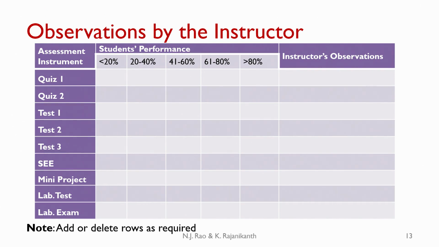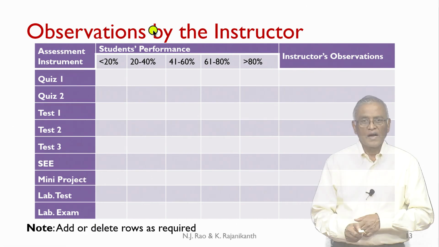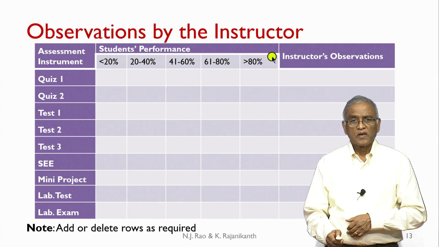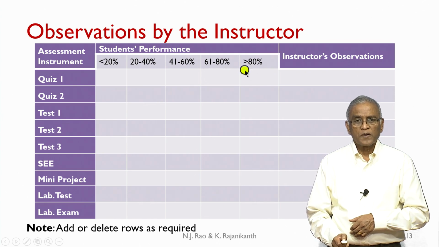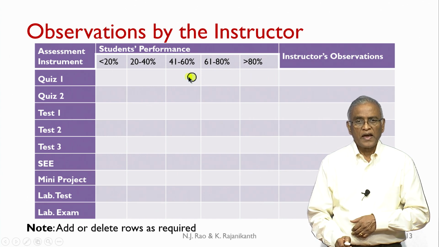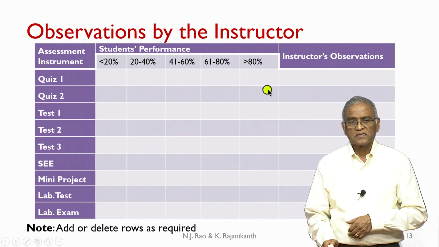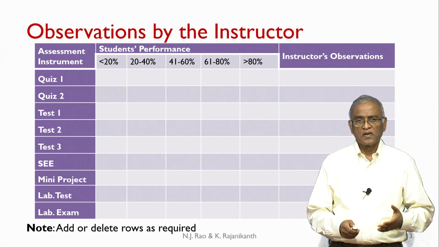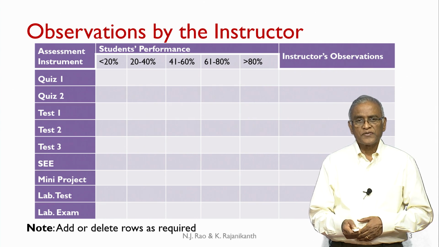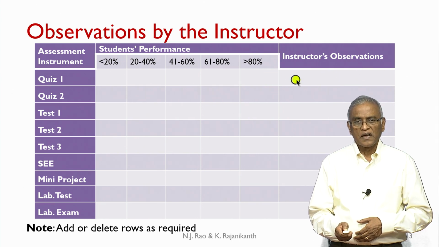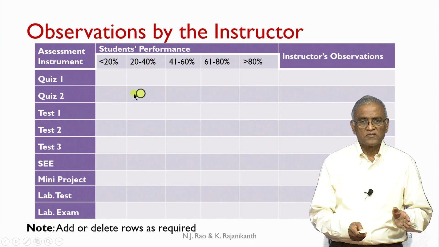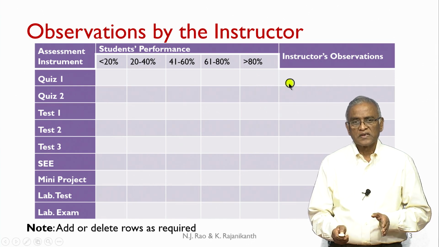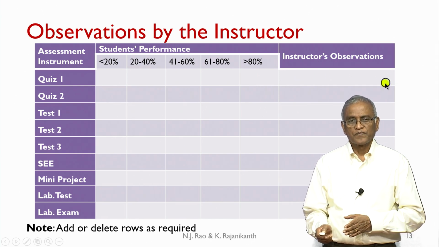So, what is it that we are doing? We have the assessment instrument here and the student performance, like what percentage of students have done better than 80%. If I have a record like this, I have a profile for each one, how it is varying, and after the performance is evaluated, I can write the instructor's observations here.